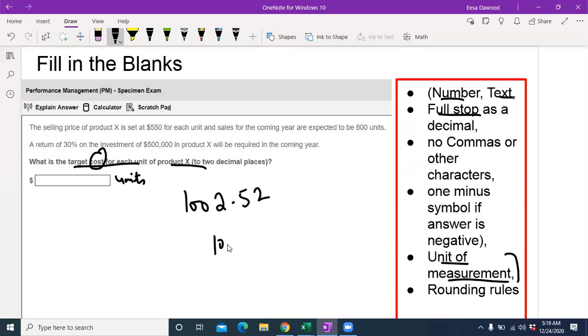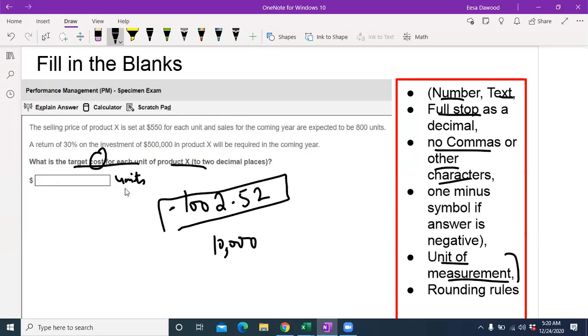And for example, the answer is 10,000 and you're using that comma. No commas or other characters are allowed other than the number and the text, and the full stop to be used as a decimal. And if a number is negative, just put one minus symbol before it. For example, if the answer was negative like this, just put one minus sign before.